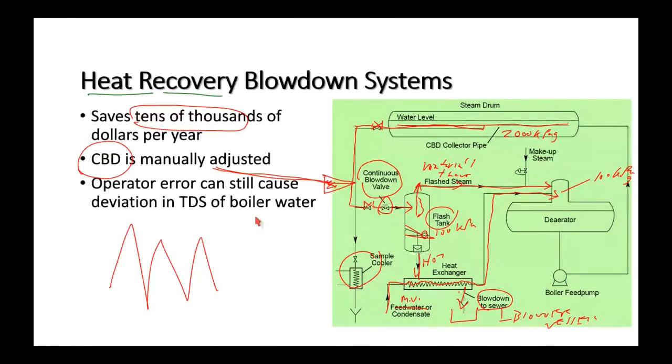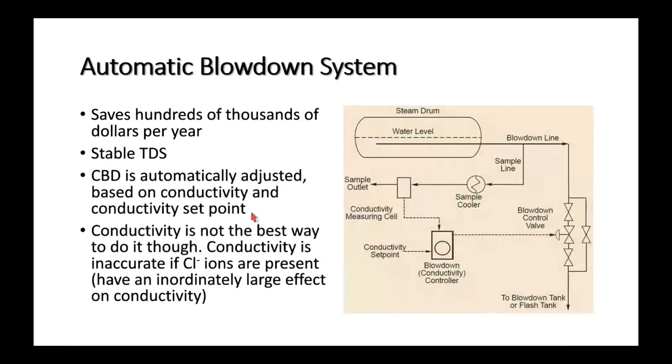Why? Because it's still up to the operator to control the setting of the CBD valve. And sometimes people screw up, sometimes people forget, and sometimes people have really big days, and lots of reasons for that to happen. So we can get, with this system, deviations in the dissolved solids.